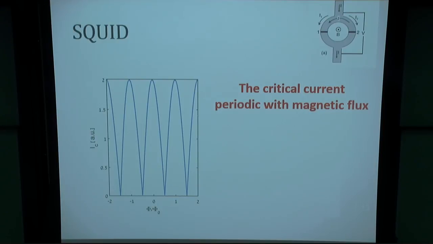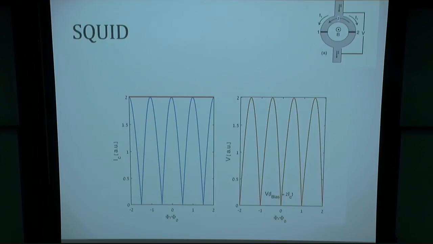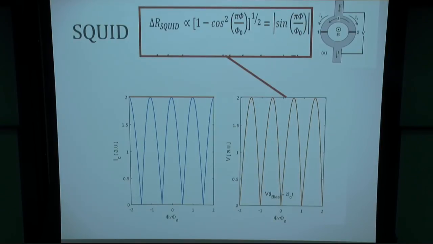But basically, there is no voltage at all. But if we are here, let's say at twice I critical, then immediately you see that the voltage is described by this function, and it's written here. So it's just sine squared.